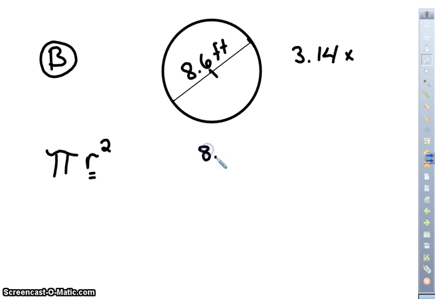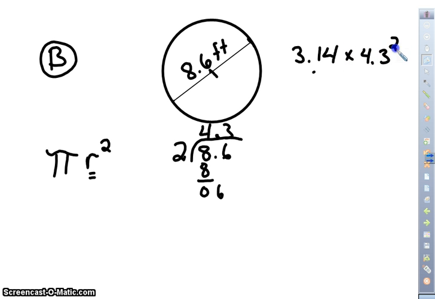So you would simply take 8.6 and divide it by 2 to get 4.3. Many of you could probably do that mentally. If not, again, plug it in your calculator. 4.3, that's what you are going to plug in for the radius.